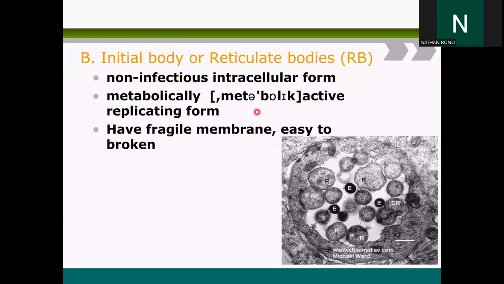But this one has already entered the host cell. It is an intracellular form and it is metabolically active so that it is able to proliferate and divide and give rise to more chlamydia. It has a fragile membrane and is easily broken because it is intracellular.